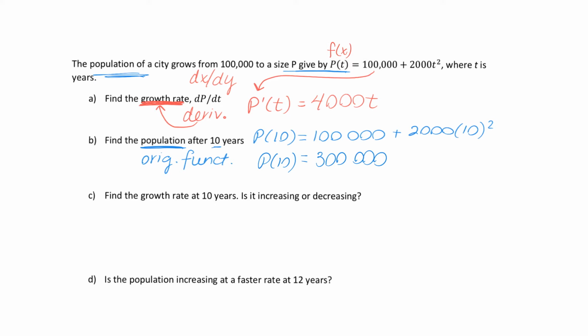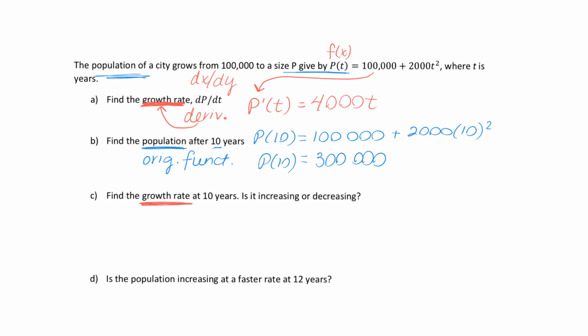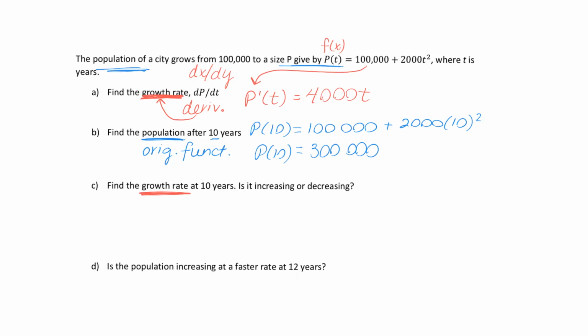All right, find the growth rate. Growth rate is our key word here. The growth rate at 10 years. Is it increasing or decreasing? So I know how many people there are. The population is how many people. Now I want the growth rate. Well, clearly using the original function is not going to tell me. So the growth rate, remember, we defined is using the derivative.